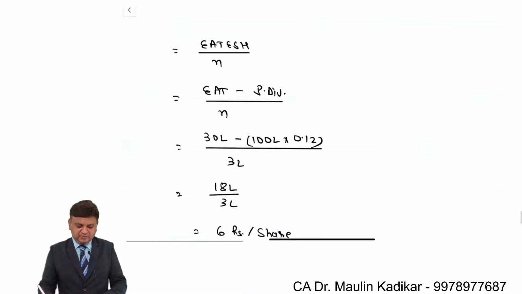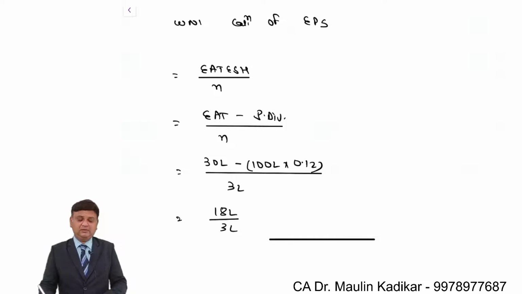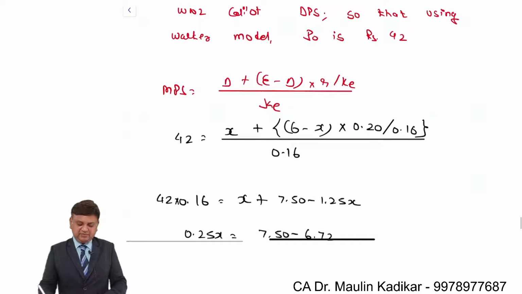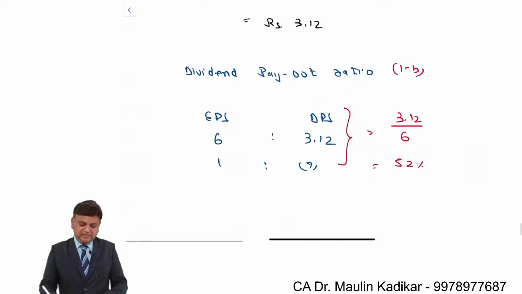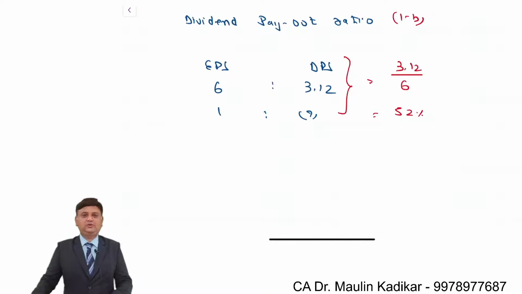First of all, friends, we have computed the earning per share. Simple. Then dividend per share using the Walter model formula. And based on that, the dividend payout ratio. So if the company keeps the dividend payout ratio at 52%, market price of the share will be 42.